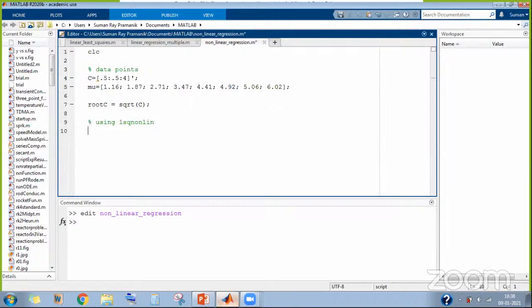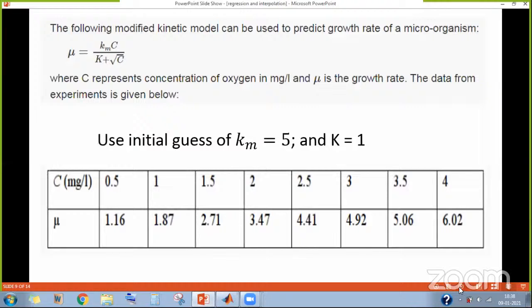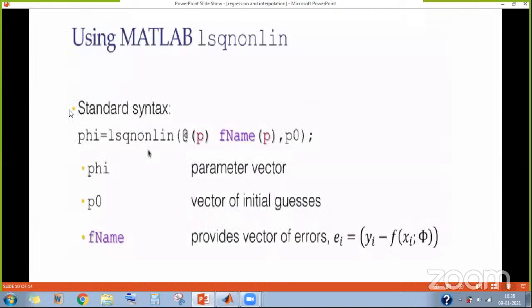Oh, we have not talked about the syntax of lsqnonlin. Let's talk about that. We have to provide a function name, the independent variable, and p0. The p0 is the vector of initial guesses. Now the function we provide should return a vector of errors.